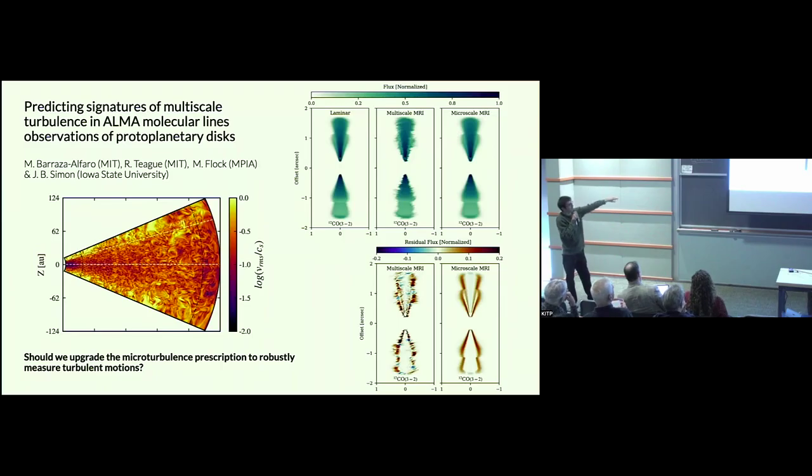In the bottom right panel, you see that they give very different results, because the large scales move material around and blueshift and redshift a lot of material. So I think we need to revisit that prescription and try to improve it to get better constraints on turbulence. Please come to talk to me if you are interested.